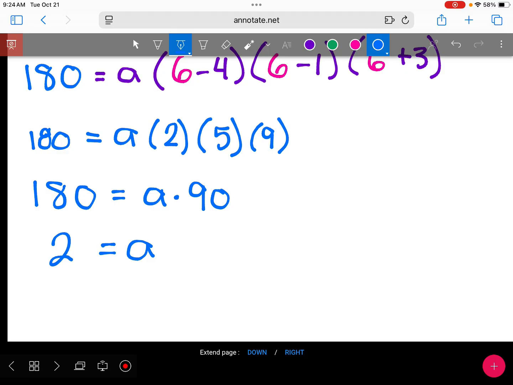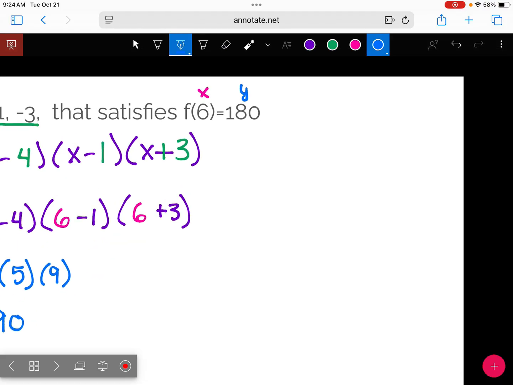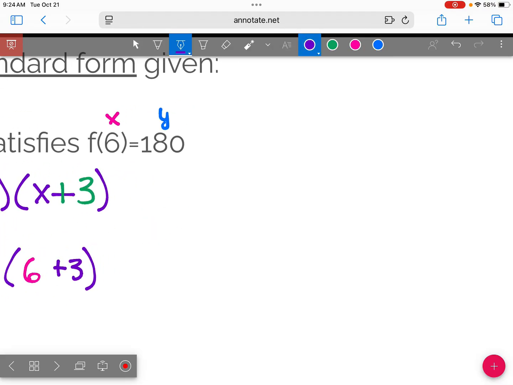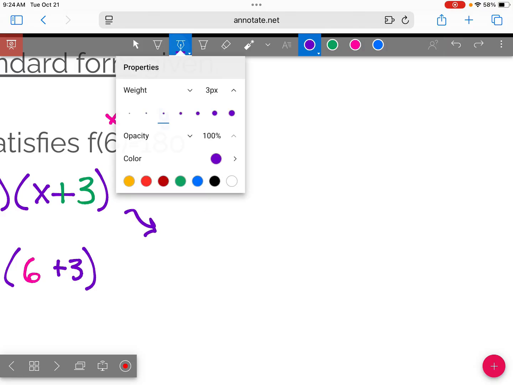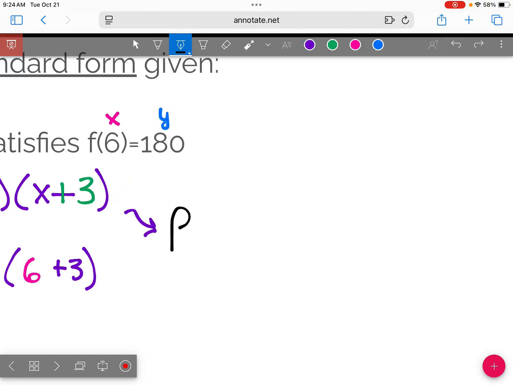So now I have enough information that I can fill in my equation entirely. I have my a value now. So our whole equation here, our actual f of x for this exact polynomial, is going to have that a value of 2, and then all of our factors, all of our roots.